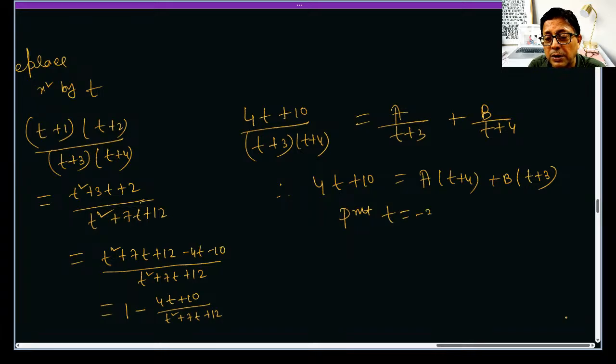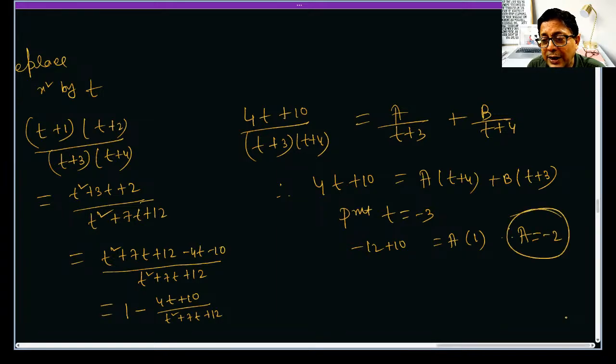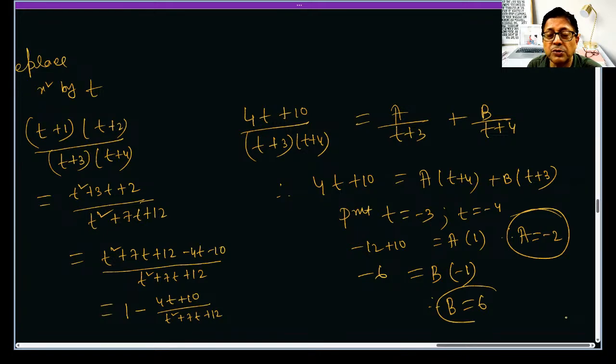Put t equal to minus 3. A into 1, so a is minus 2. Put t equal to minus 4 also. So there will be minus 6 equal to b into minus 1. B equal to 6. Clear?